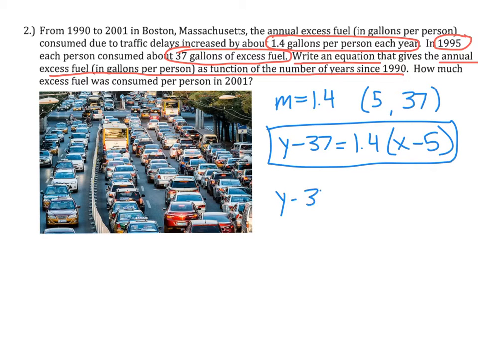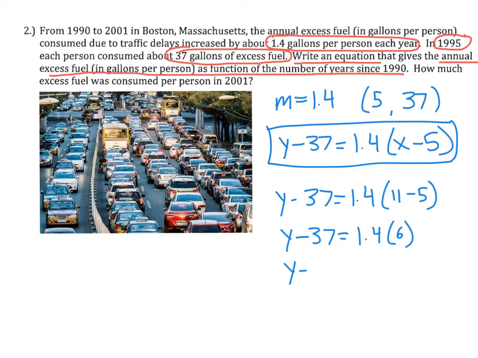y minus 37 equals 1.4. Now my years is going to actually be 11 here because we're doing years since 1990, so 2001 is 11 years after that. So I got 11 minus 5. So now I just need to simplify. 11 minus 5 is 6.